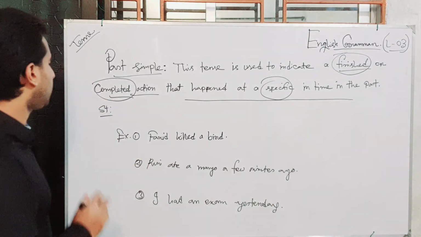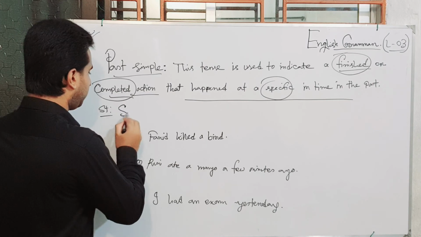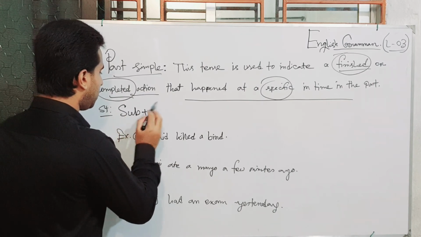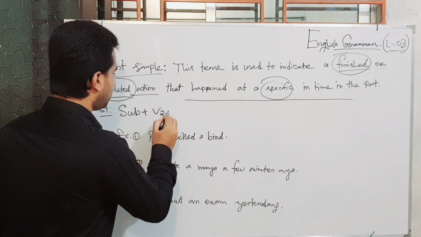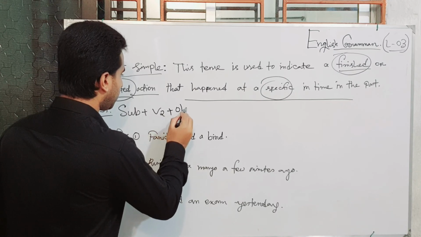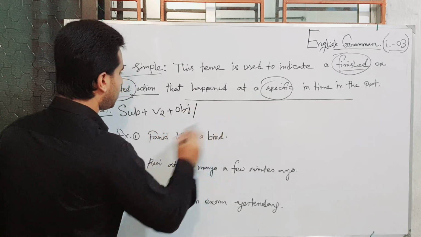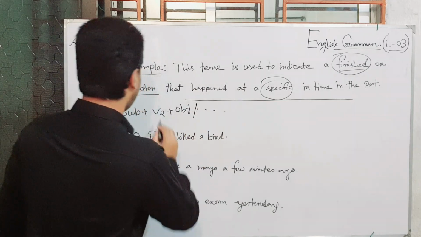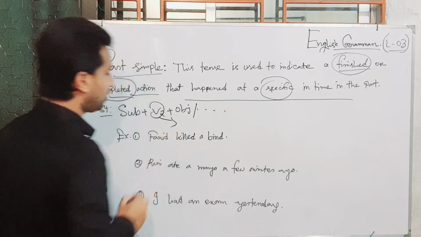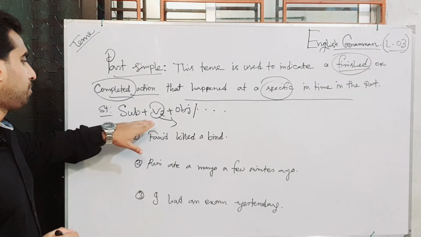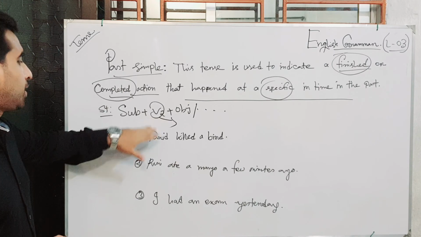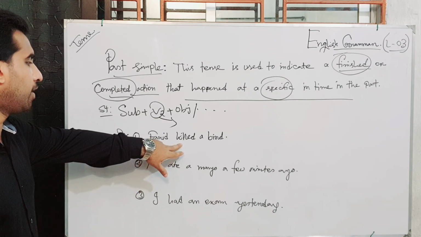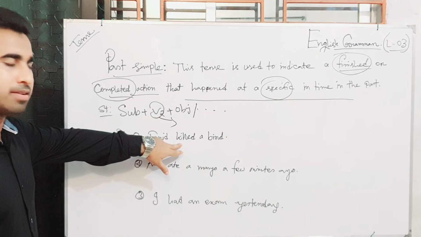The structure is subject plus V2 plus object or other words. V2 means the past form of the verb. Here the present form is kill. Kill, killed, killed.